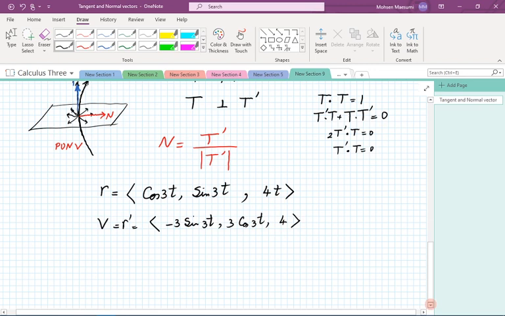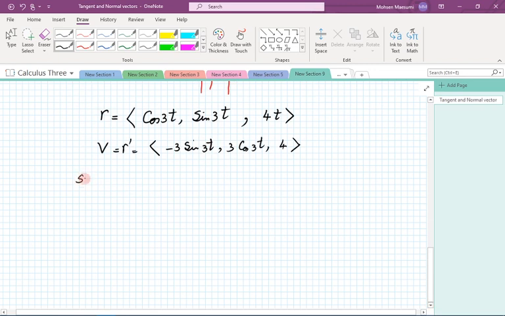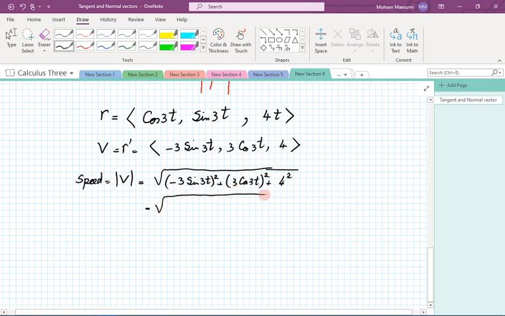Next up is, well, that's my velocity. What's my speed? Well, speed is going to be the absolute value of velocity. Absolute value here is a lucky day, because I have to square this, square that one, and square the last one. So of course I get 9 here and 9 here. So square root of 9 sine square of 3t plus 9 cosine square of 3t plus 16.